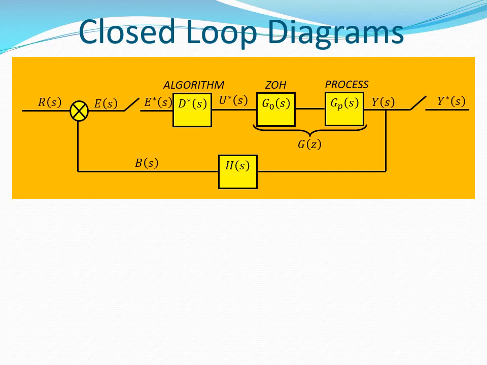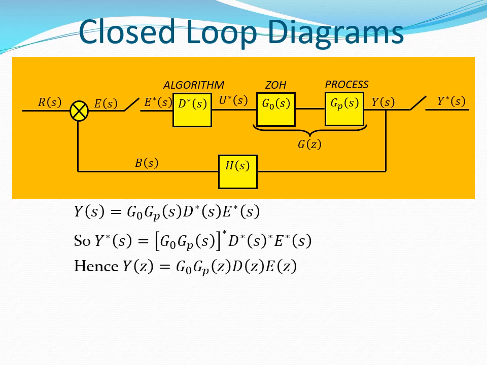Therefore, the algorithm and G(z) form two cascaded samplers. Let's analyze the signals in the diagram. Please note that whenever a signal has a star, it means that the signal is sampled. Let's begin by obtaining the expression for the output Y(s).